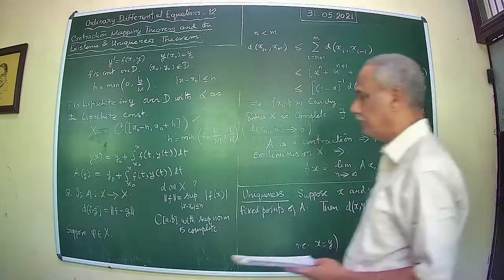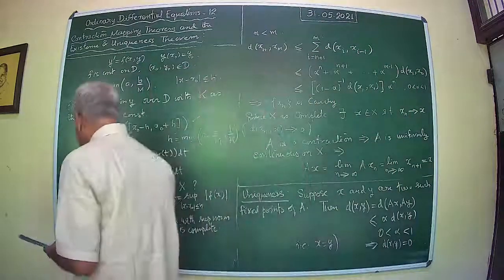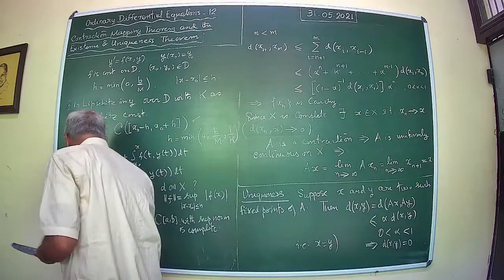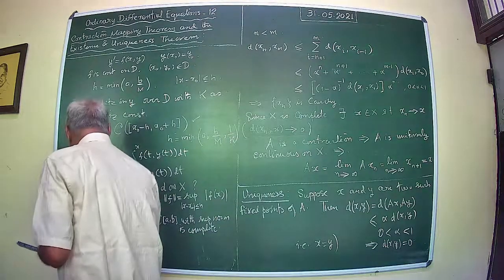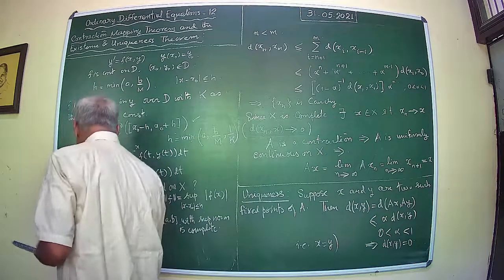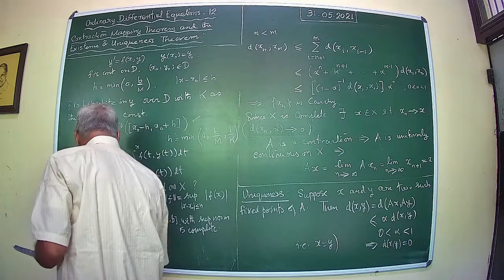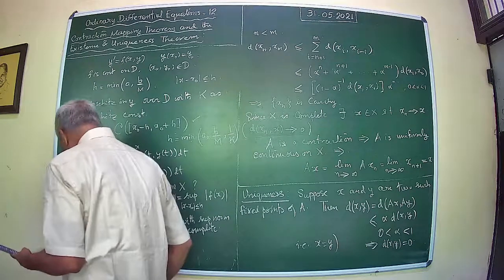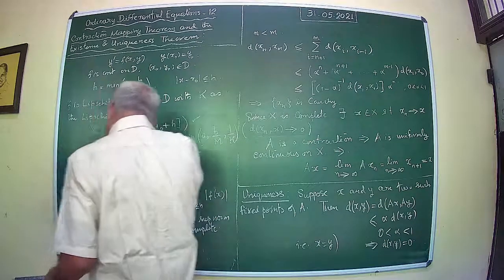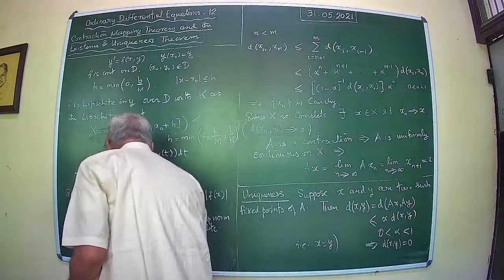Now what is A phi? Let A phi of x be equal to y naught plus the integral of f(t, phi(t)) dt.